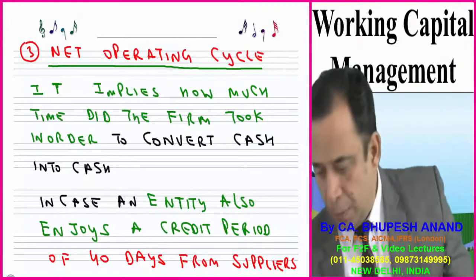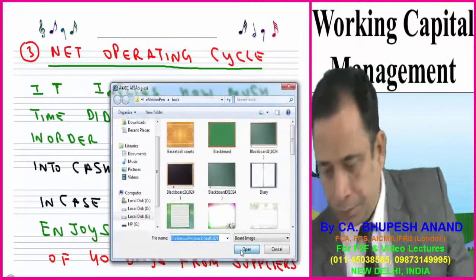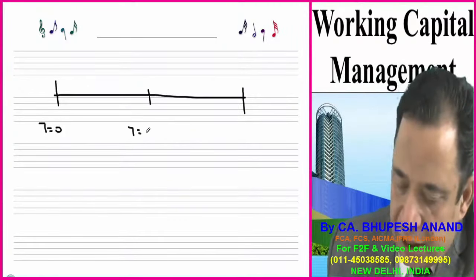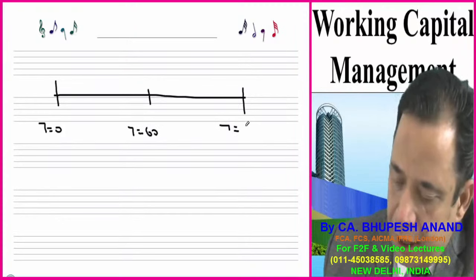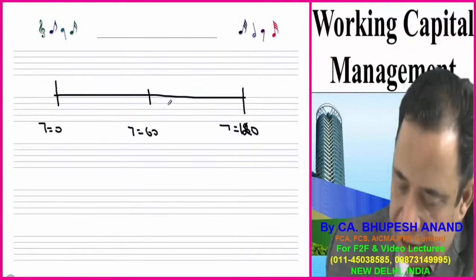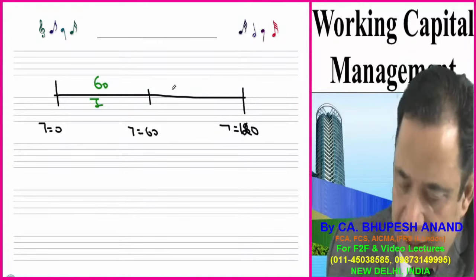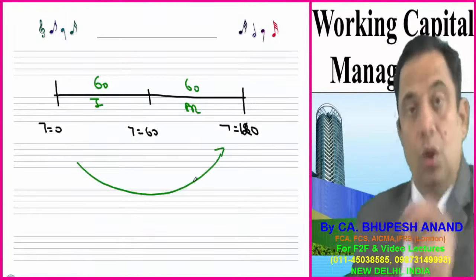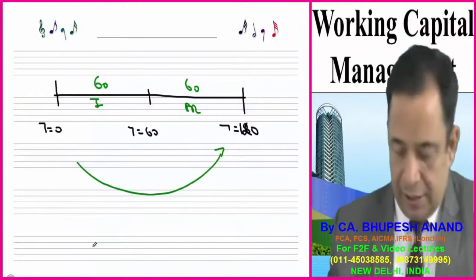Let me explain. I have prepared a timeline for you. Let this be T0, let this be T60, and let this be T120. That is 60 days for inventory and 60 days for accounts receivable. In the first scenario, I told you 120 days is the operating cycle.